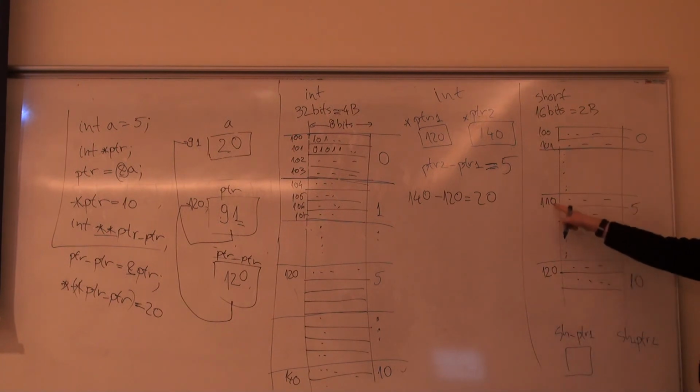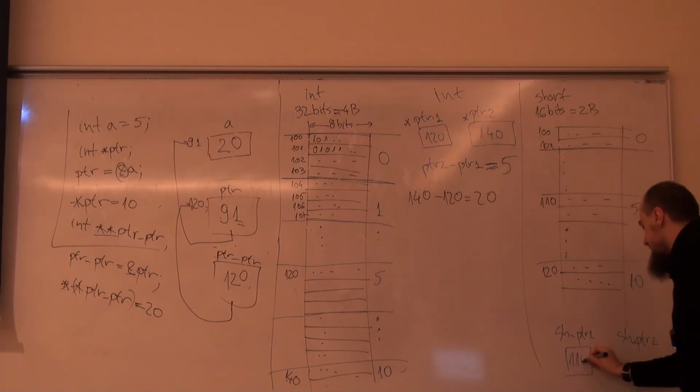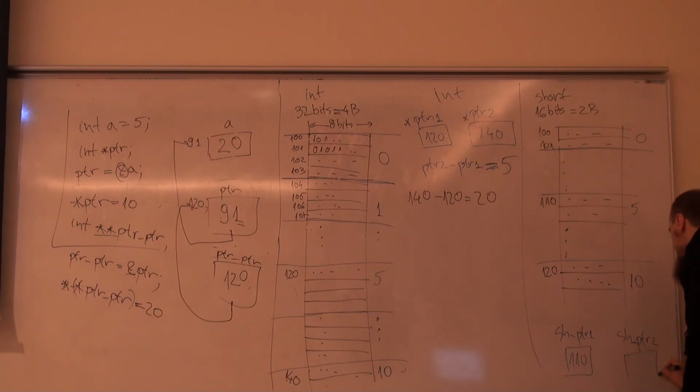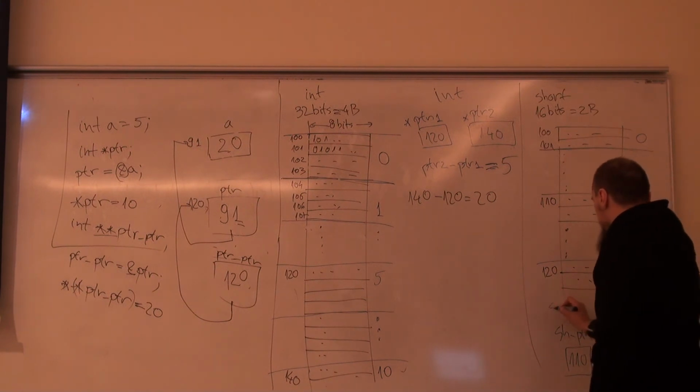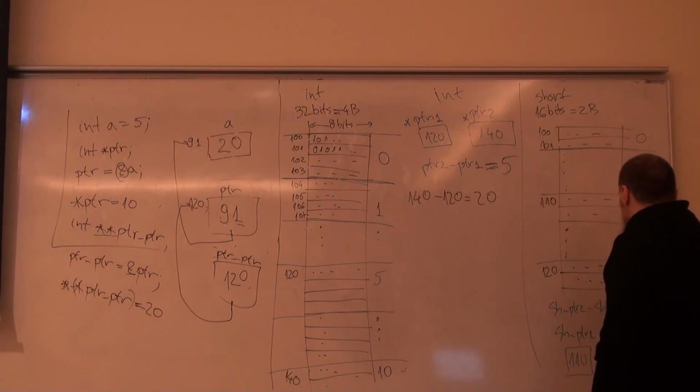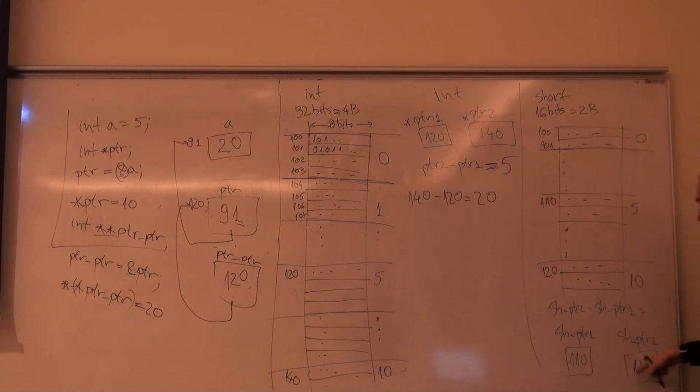Short pointer 1 points to 110, let's say, and short pointer 2 points to 120. What's the difference between those two? Short pointer 2 minus short pointer 1. What's their difference? But why here wasn't it 10? It's 5. Because between 5 and 10, we have 5 elements, okay?